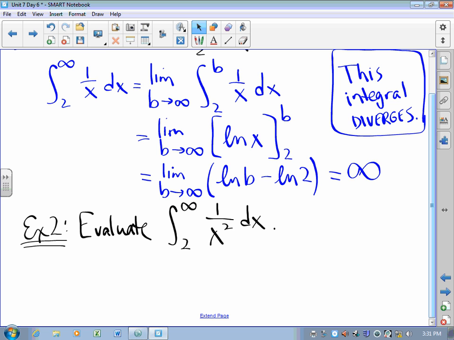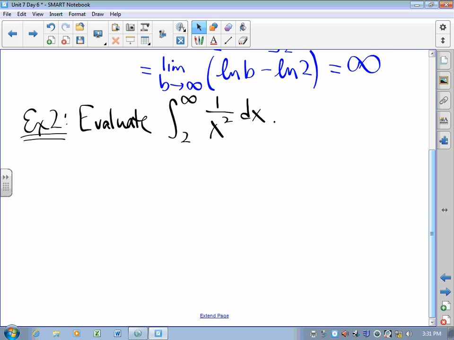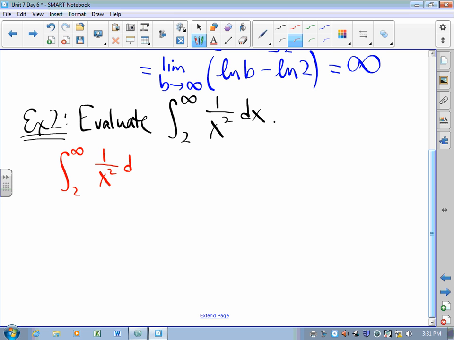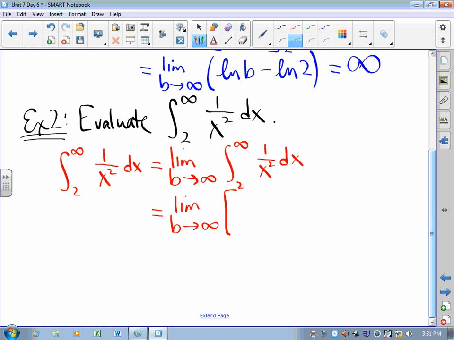And yet things are very, very different. The integral from 2 to infinity of 1 over x squared dx is the limit as b approaches infinity of the integral from 2 to b of 1 over x squared dx. And I know how to handle that because my calculus teacher wasn't too bad.